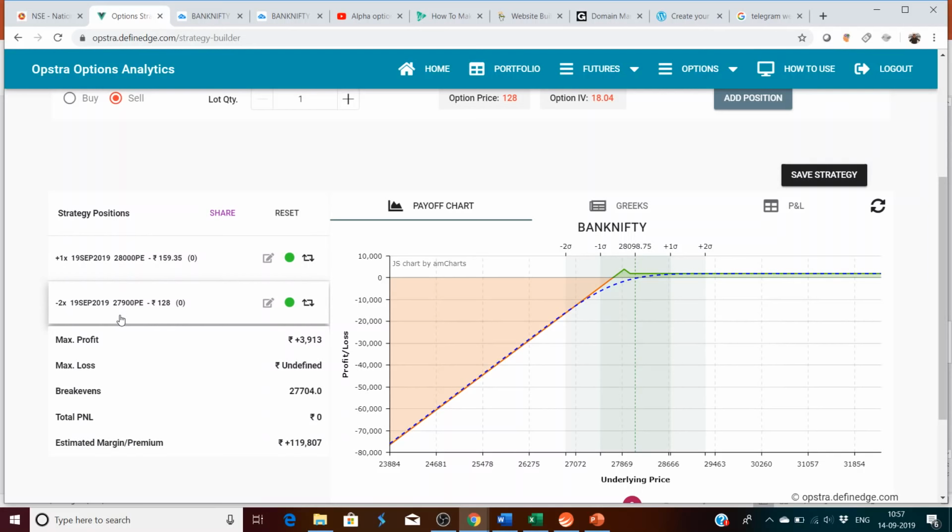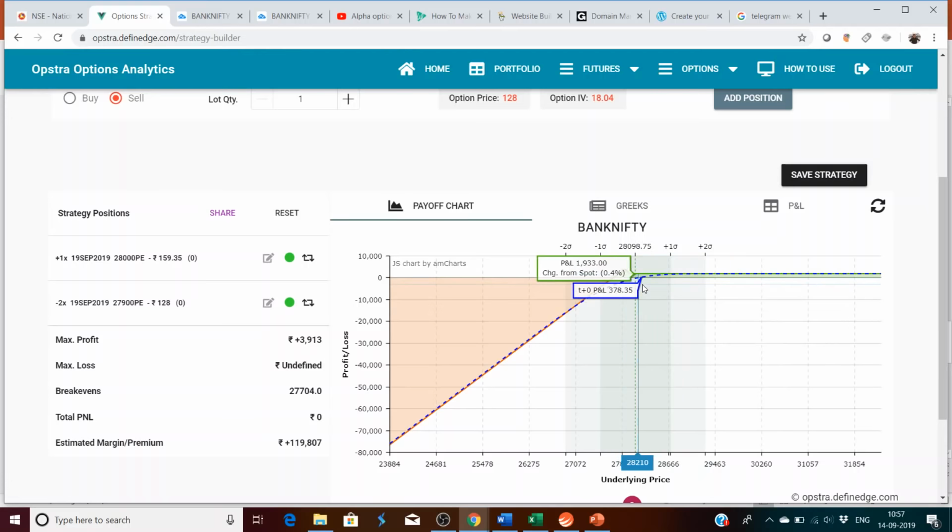Now when the market is moving in the other direction, you sell another put. So now the direction has changed from bearish to bullish and your profit is locked. Your max profit you can gain is 3900. Market goes anywhere here, you'll make about 1900 rupees, but your risk has become undefined.